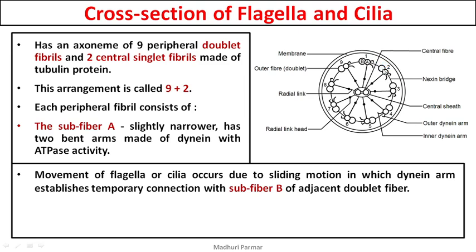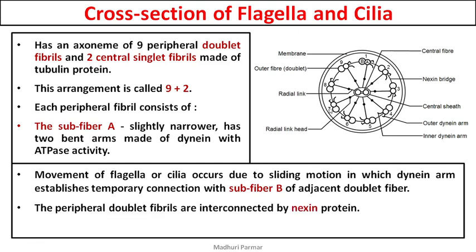So this A will bind to this B. That second one will also have an A, so that A subfiber will bind to the next subfiber B, and in such a way they will all be connected for some time, and then they will release each other. Okay, so that is how this motion occurs inside the flagella and cilia.